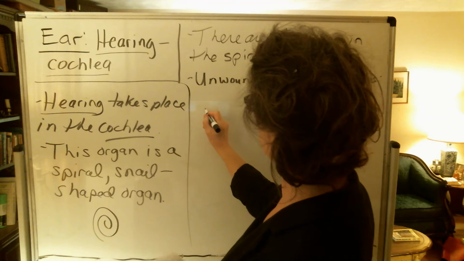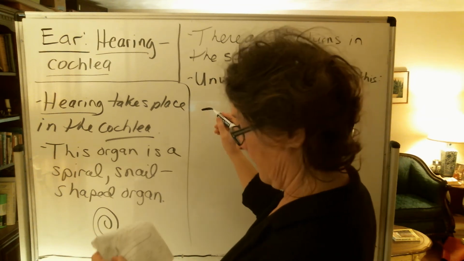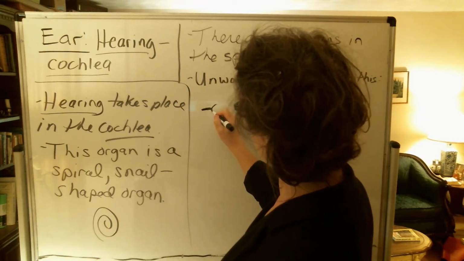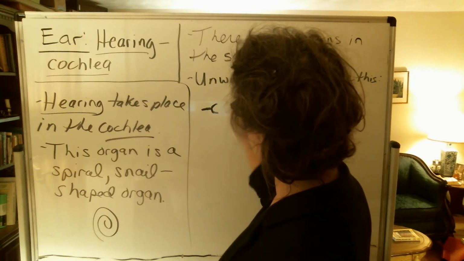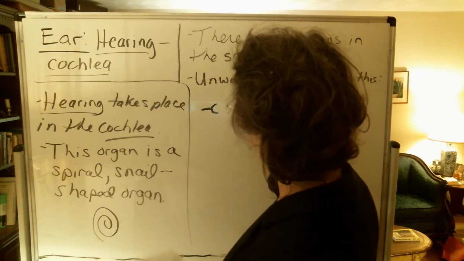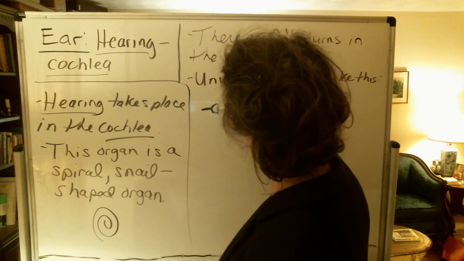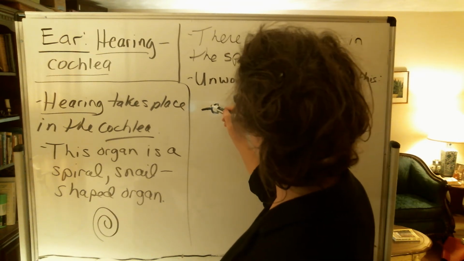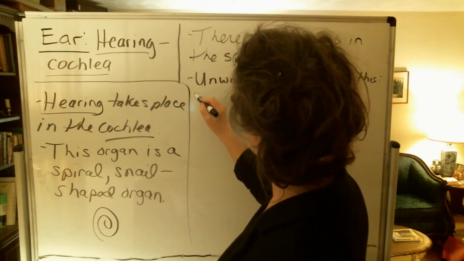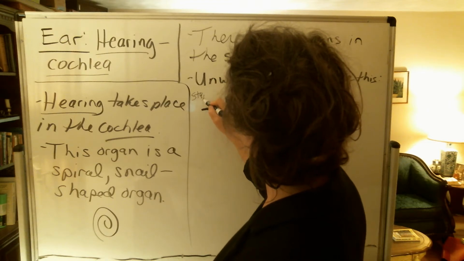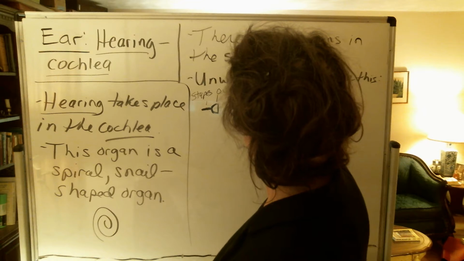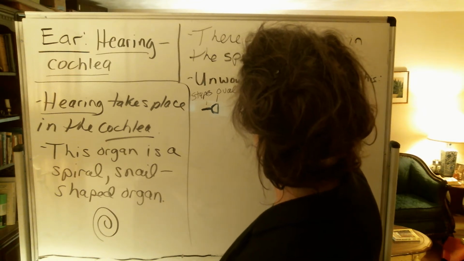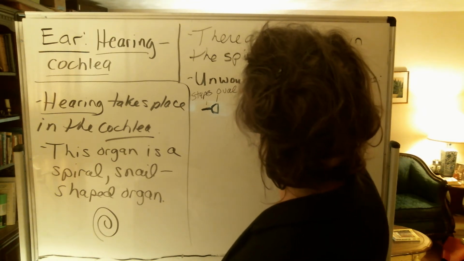So you have the stapes. I hope you remember the stapes. That's not part of the cochlea, that's a part of the middle ear. And then we have the oval window. So here's the stapes. Here's the oval window.